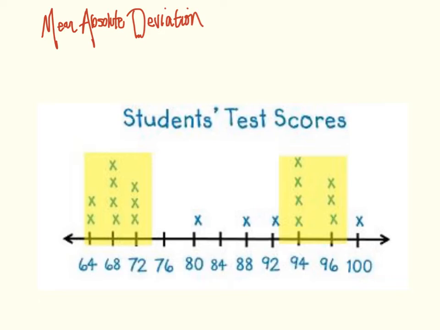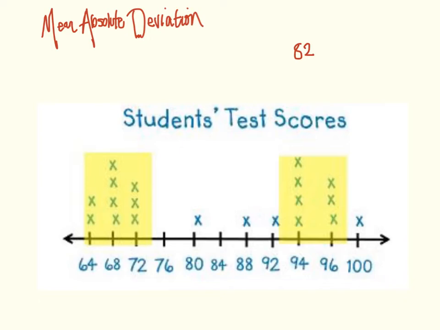So let's write that over here, 82. There's my average. Now, instead of having x's there, what I want to do is write out for each one of these scores how far it is away from 82. It's just like absolute value. We want to know its distance from the 82.